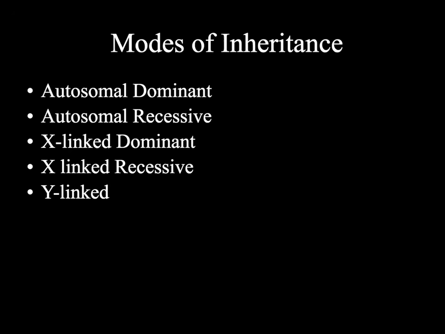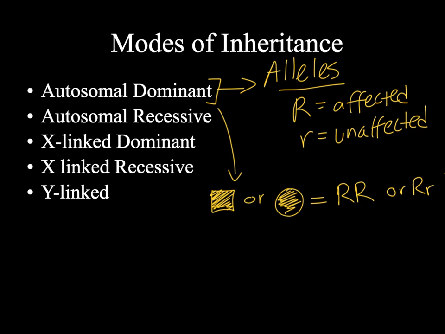Autosomal dominant traits are traits that are carried on a dominant allele of an autosomal chromosome, which means that you only need one of the affected or dominant alleles to portray the affected trait. So people who are affected by an autosomal dominant disorder have the genotypes homozygous dominant or heterozygous for that trait.